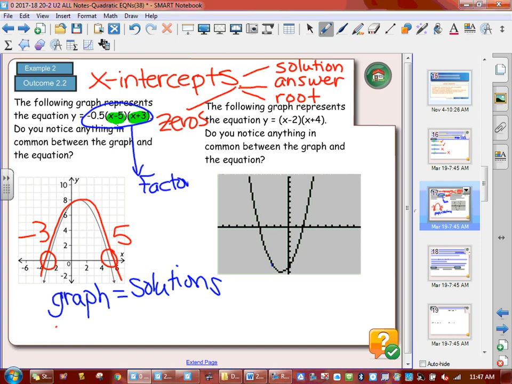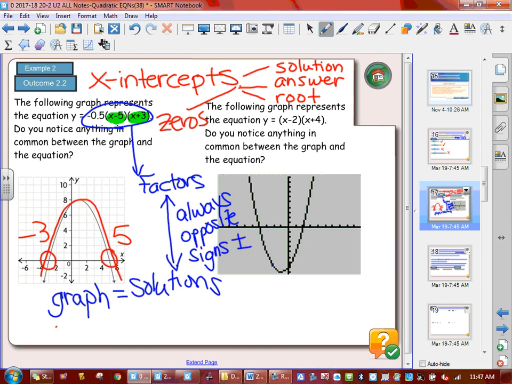And the factors and solutions are opposite sides. They're always opposite. So factors and solutions are always opposite in terms of their signs. Positive or negative, they're always opposite. So in the brackets will always be backwards to what you see in the graph diagram or what you ask for a solution.